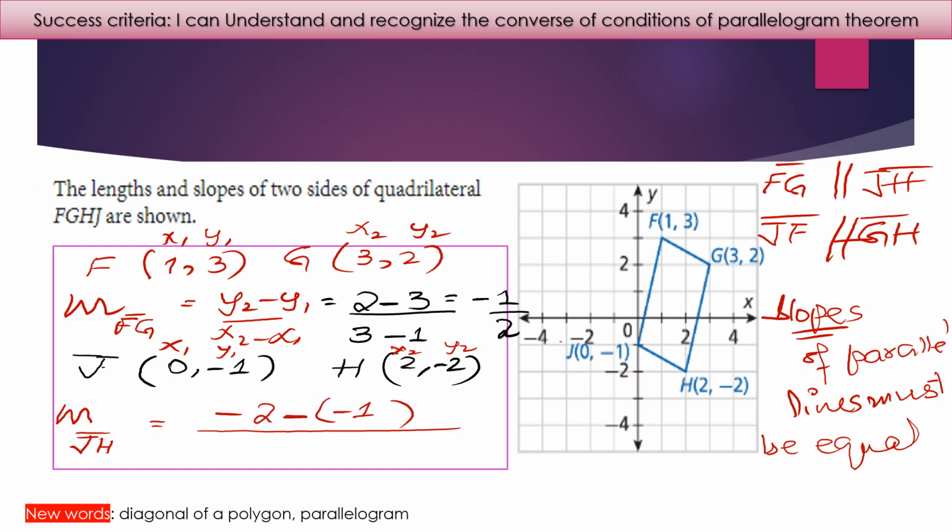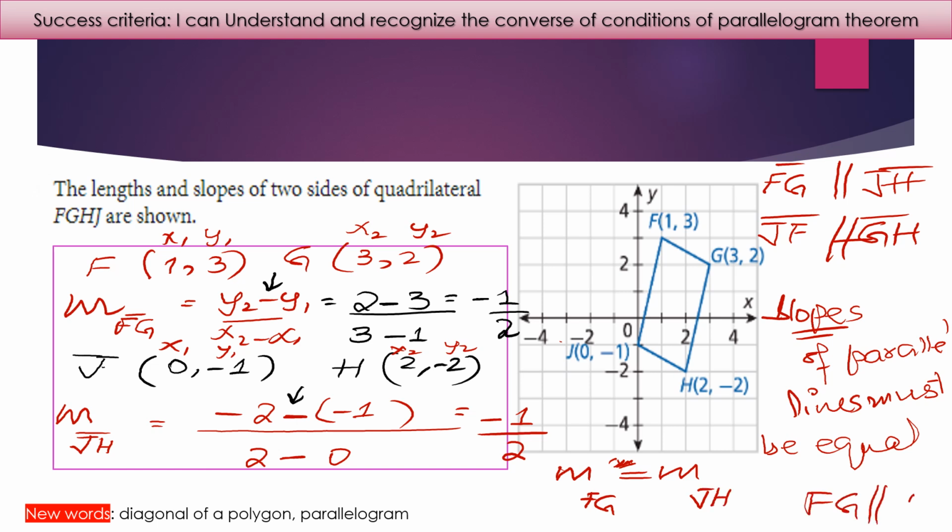This minus is the formula minus. Then x2 is 2 minus x1 is 0. Negative 2 plus 1 is negative 1, and 2 minus 0 is 2. So the slope of JH is also negative half. What I have seen is that the slope of FG is equal to the slope of JH, and hence FG is parallel to JH.